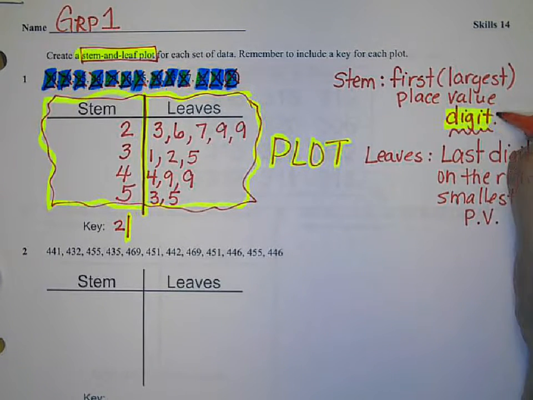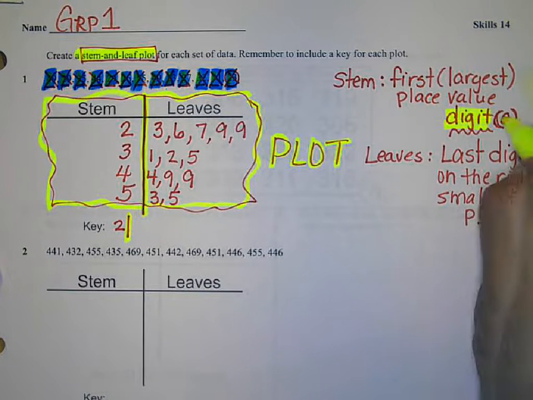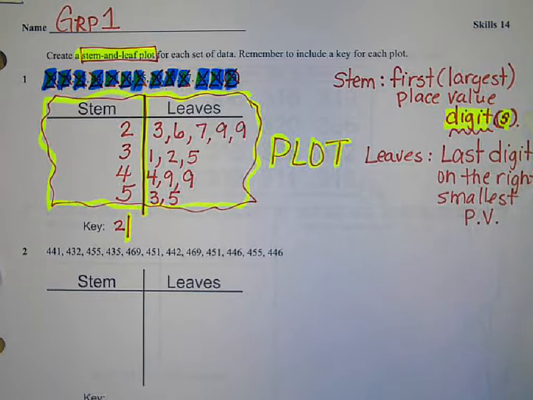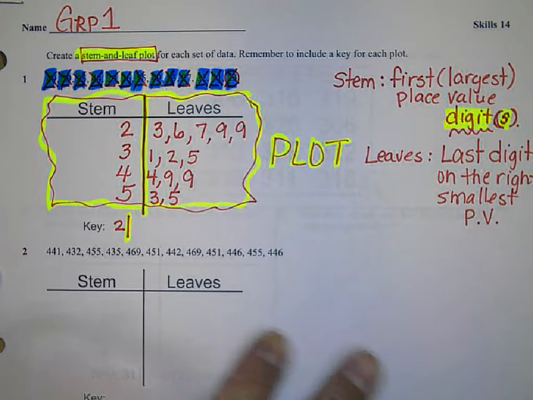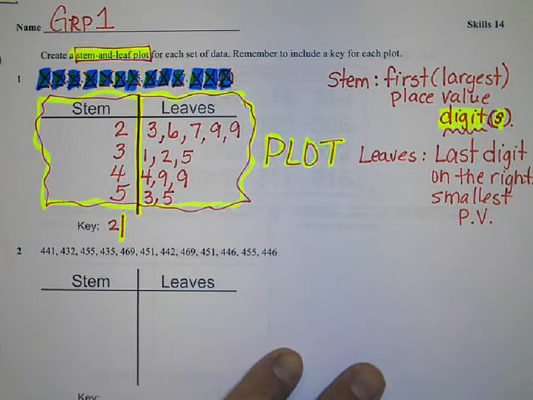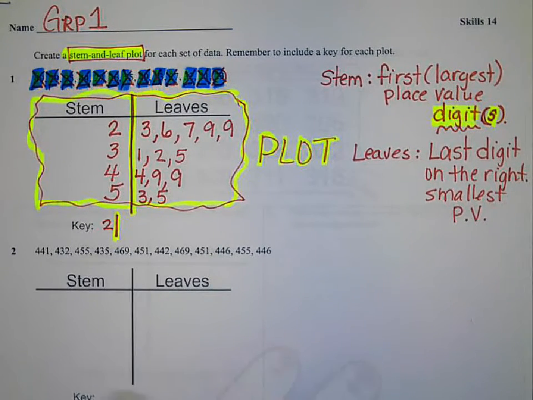Now, up here where you have digit, I want you to put a parenthesis and I want you to put an S there. Because what you're about to see right now is how your stems can actually be two numbers. Your stems can actually be two numbers. That's what we're going to see on number 2 right here.